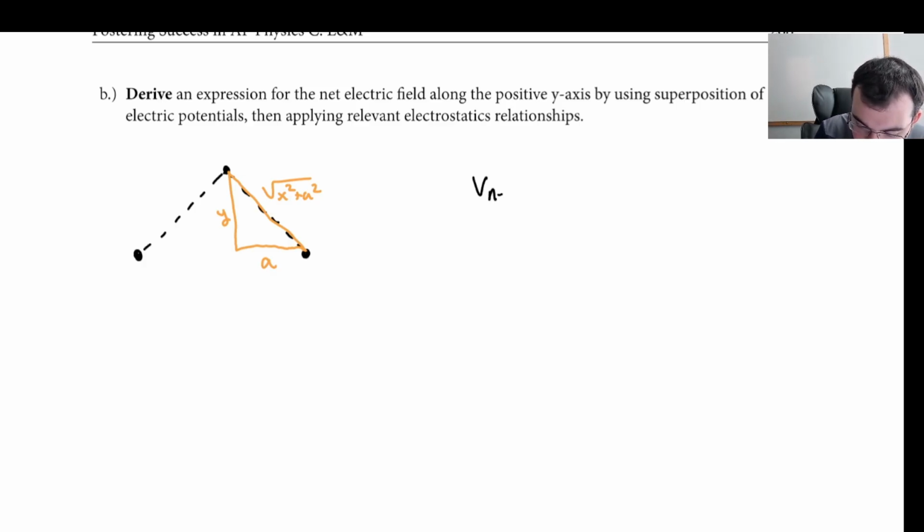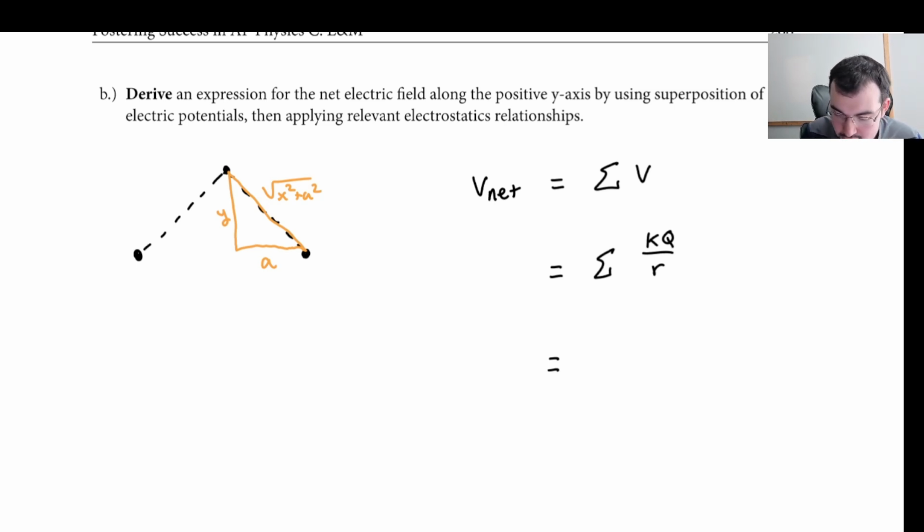The net potential is just going to be the sum of the potentials. And electric potential doesn't care about direction or anything. So it's just the sum of all the kq over r's. So I just have 2 point charges that are a distance square root of y squared plus a squared away.